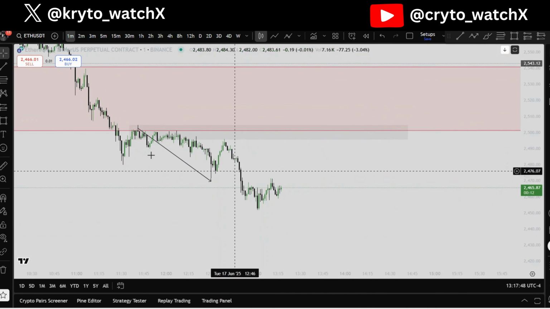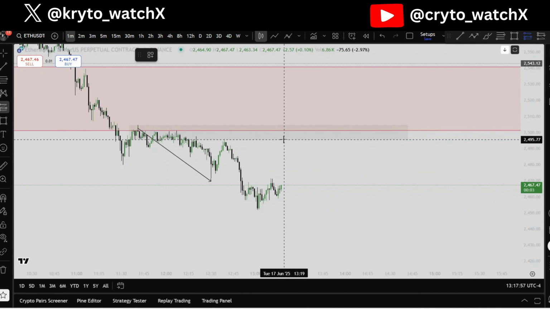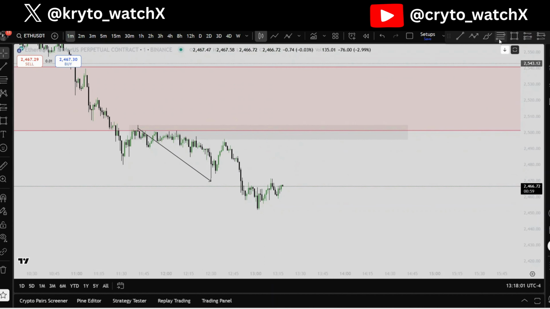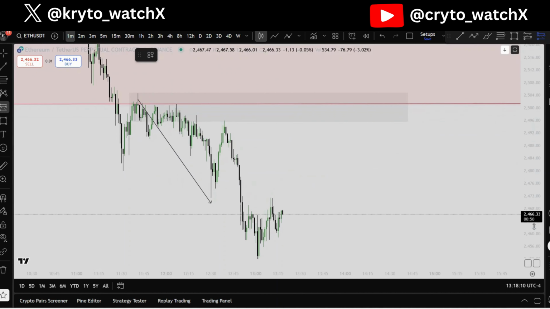The entry that we're going to mark in this scenario is going to be a short entry. So our entry was supposed to be, I'm going to mark the entry real quick here, at the bearish order block. I'm going to zoom in a bit.